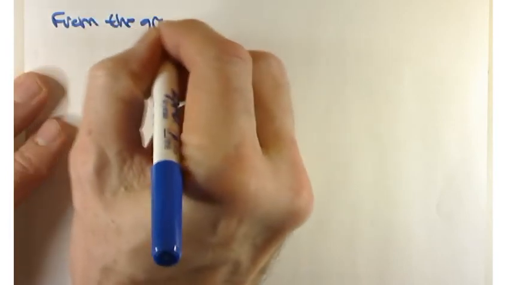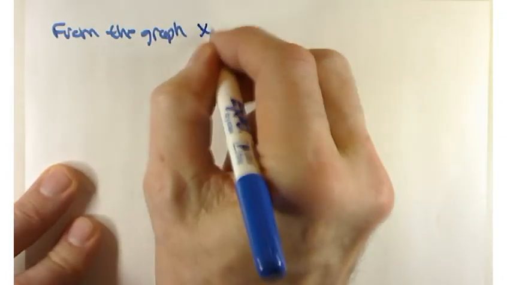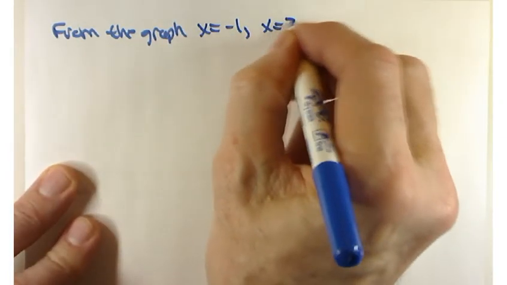We'll work with the one at 3 first. So from the graph, x equals -1, x equals 3. Those are the roots.